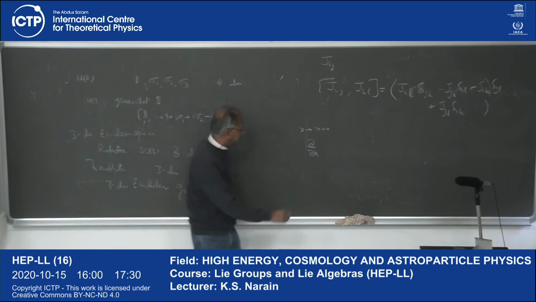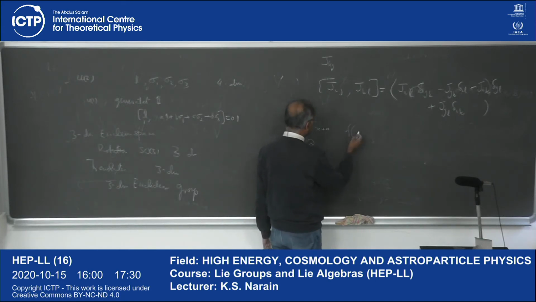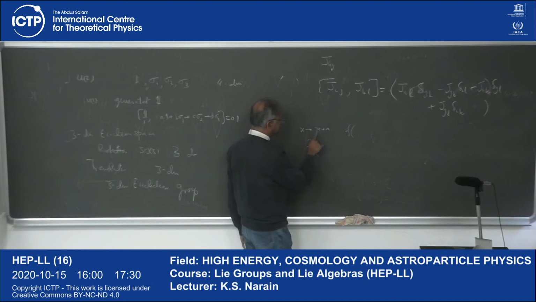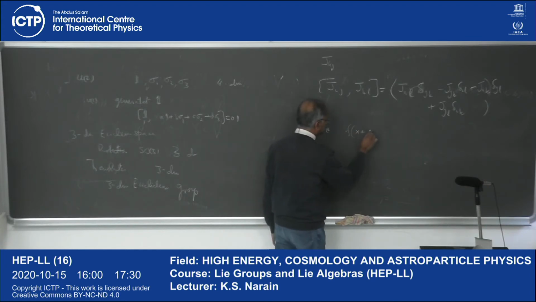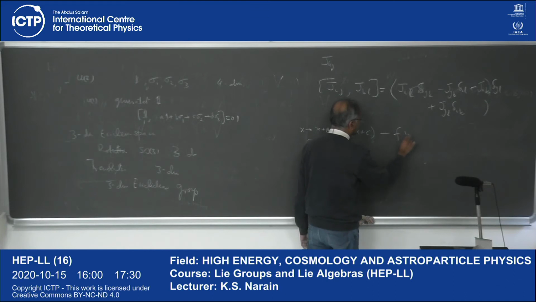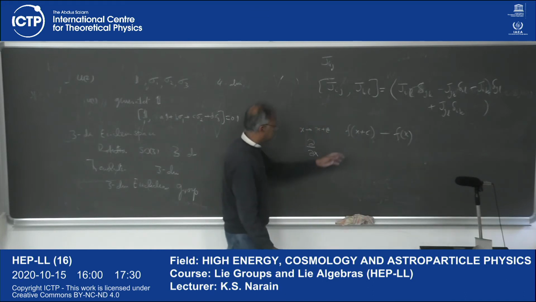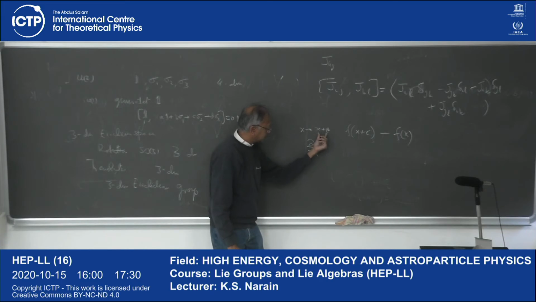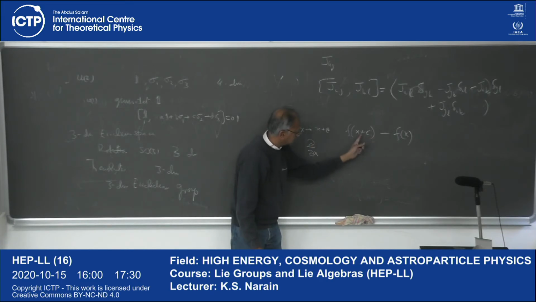No? So if I take some function f of x, so when I make a small change, x plus epsilon, then I can ask the question, how is it different from the original? So minus f of x, right? So you have some function of x. I make a small translation in x. And now you see what's the difference between these two.